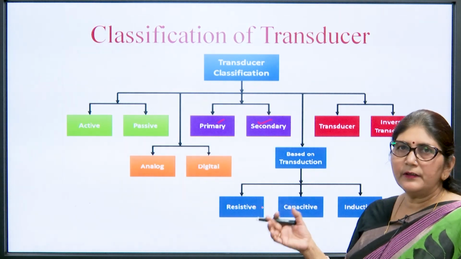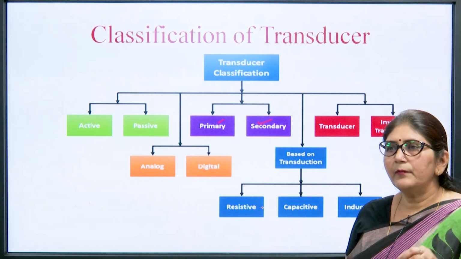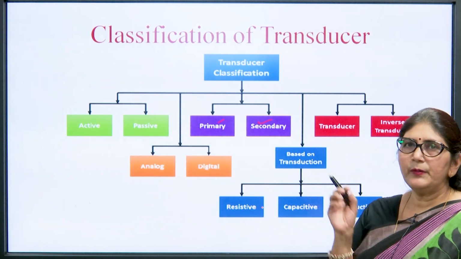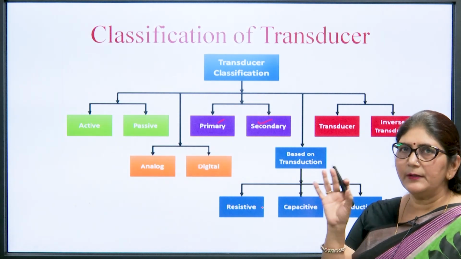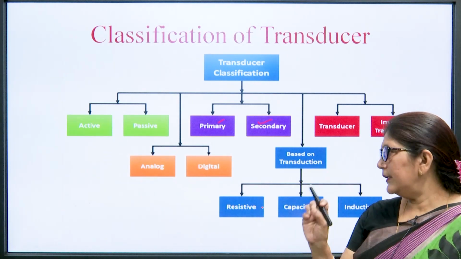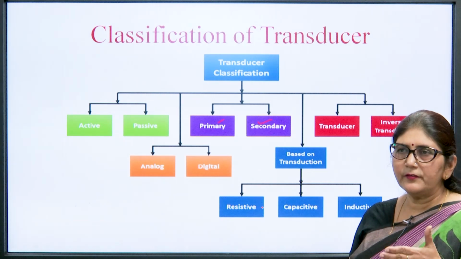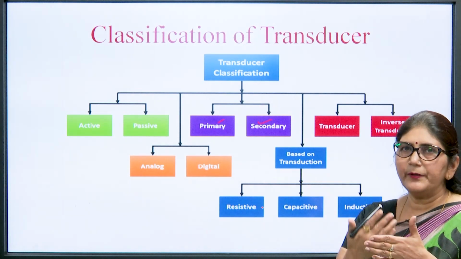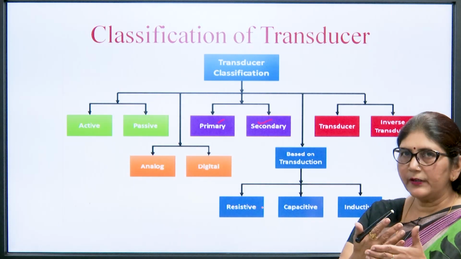Suppose there is a microphone, or we are using a mobile screen, so when we push the mobile screen or when the sound signal impinges on the microphone, there is variation in a capacitor, meaning one plate of the capacitor is fixed and the other plate is movable, and this movement depends upon the input signal.